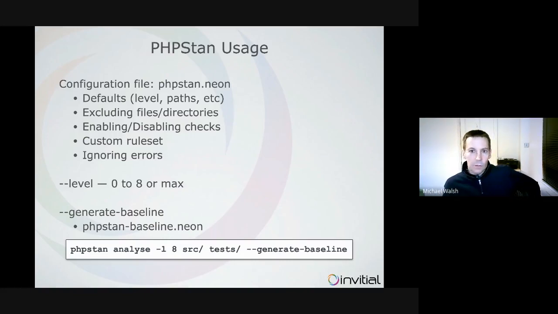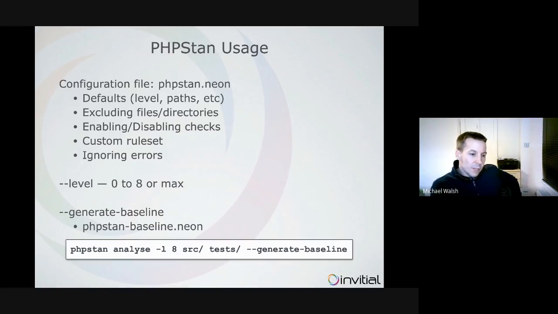For instance, you might want to say, run everything in source, but exclude source/migrations, because that's got all your Doctrine migrations in it, and they're not very nicely formatted out of the box. You can also enable or disable some checks in the config file. You can set up a custom rule set, and you can ignore errors in the config file.